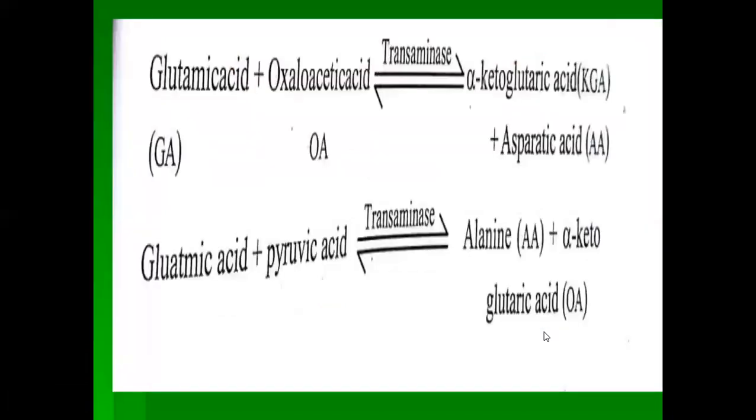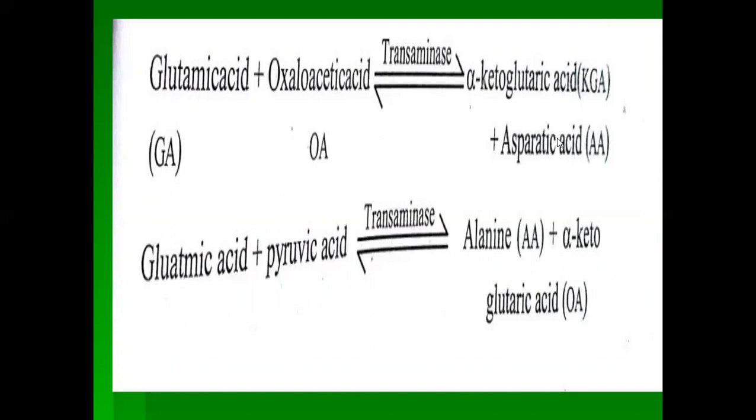Next, glutamic acid combines with oxaloacetic acid to form alpha ketoglutaric acid and aspartic acid.